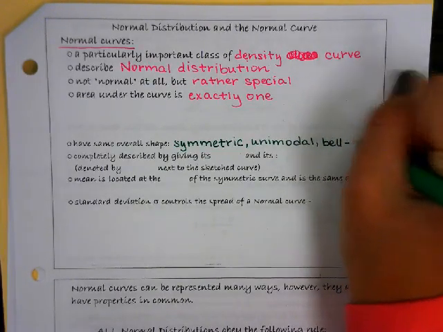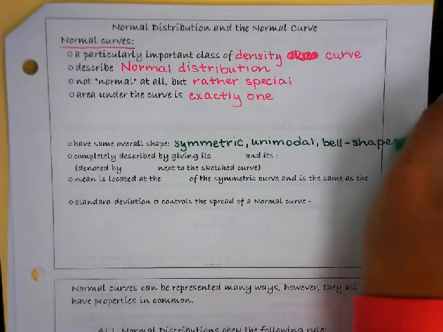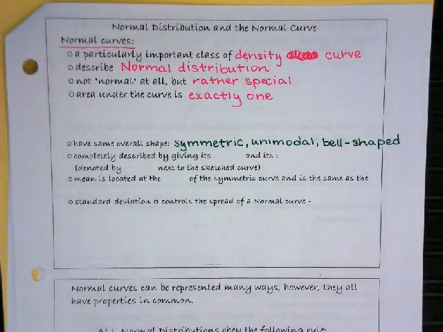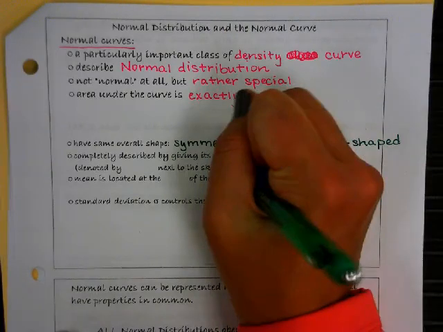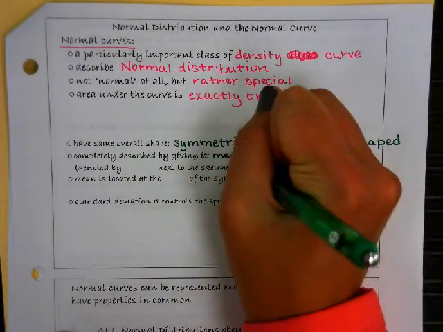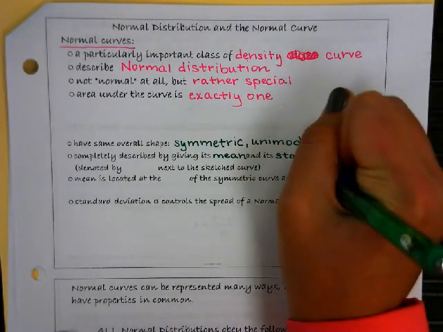A normal curve is completely described by giving the mean and its standard deviation.